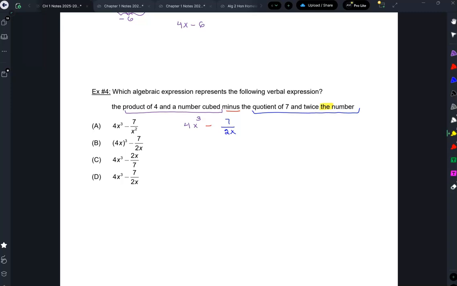So you can't have said 4x cubed and then here 7 minus 2y, because it's the same number as before. Now, if it had said another number, then if you used x here, you would have used y there, or z, or n, or b, or whatever. Okay?